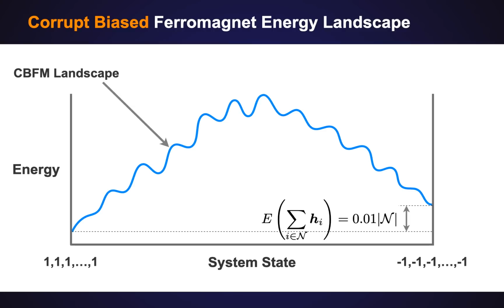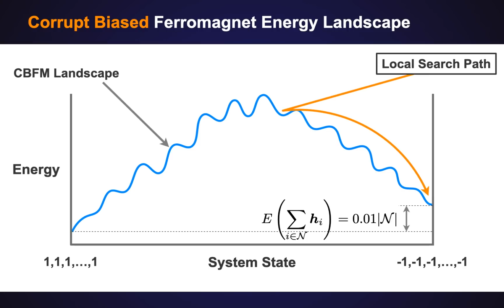So the energy landscape looks something like this, where there's a lot of ruggedness, but there are these two big wells on either side. And our hope is that some kind of local search algorithm will start in a random place in the middle of this figure, and it will have some probability of falling into the wrong well, and then it'll be stuck there forever because it has to make an extremely large move to get to the other side.